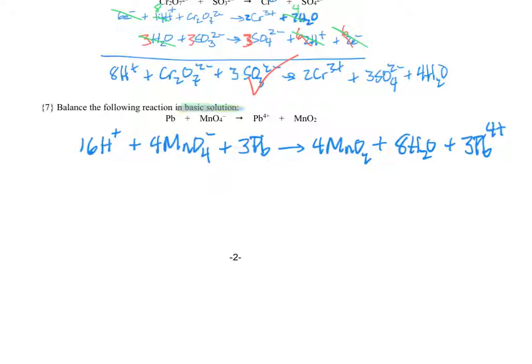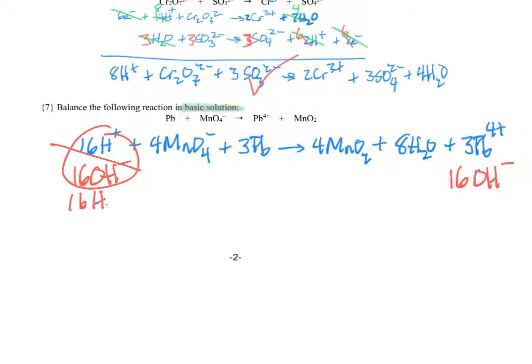So let me show you exactly what I mean by that. I'm going to go ahead and add 16 OH minus to the left and 16 OH minus to the right. Now, what does that do? Well, the 16H pluses and the 16OH minuses are going to come together to form 16 water molecules.